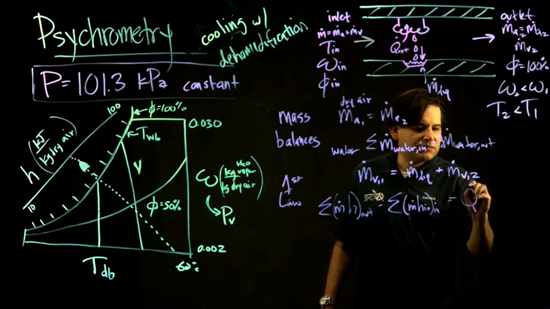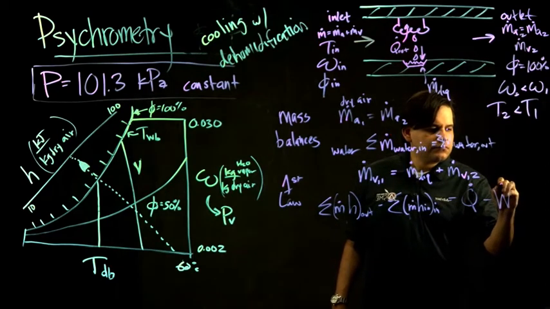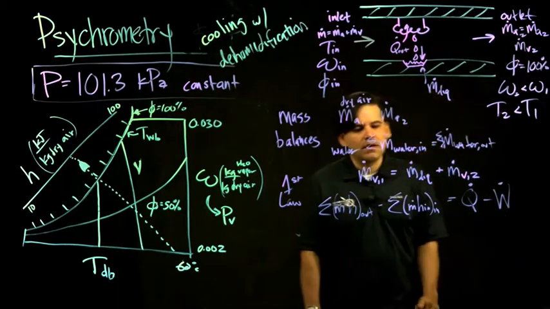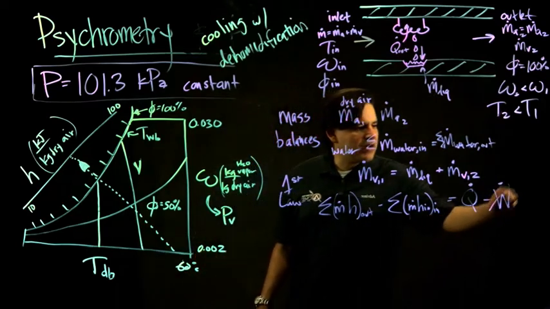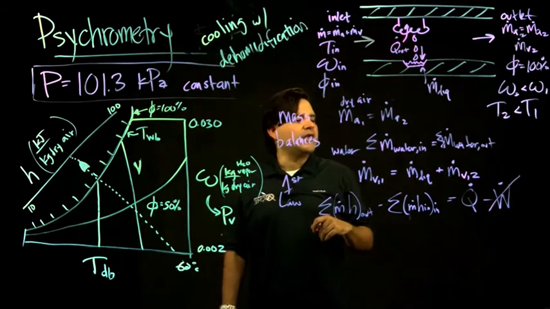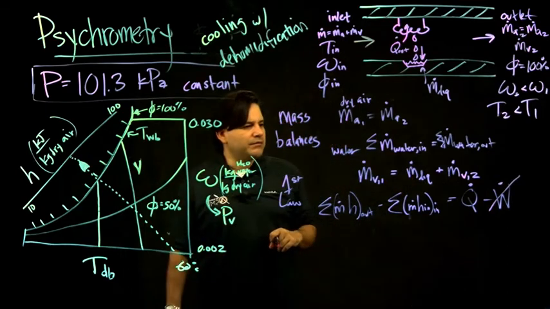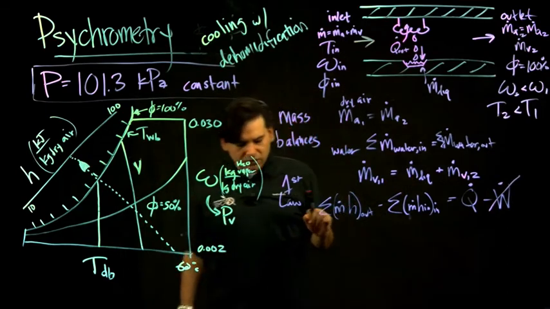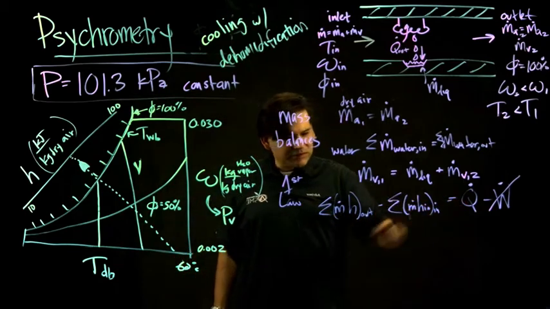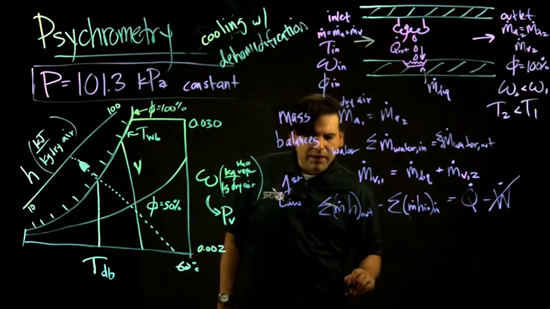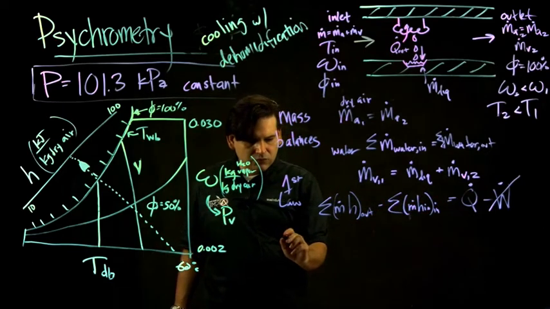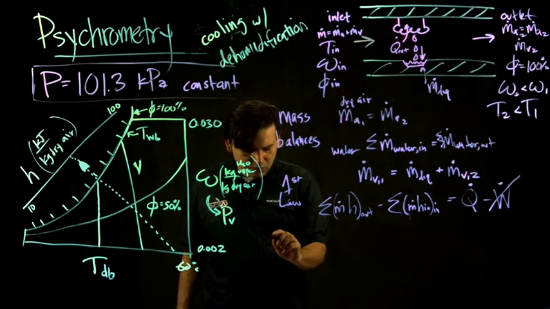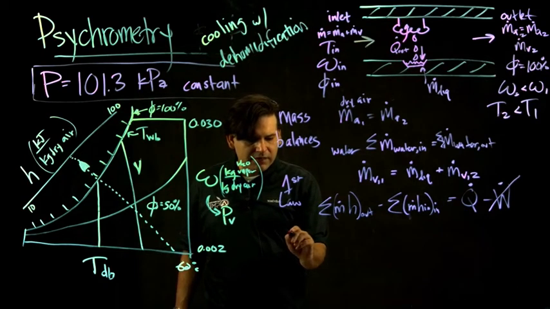That's balanced by some energy transfers. So that's your first law. In this case, there's no moving boundaries. We're not going to consider fans or anything that are in there, or any compression or moving of the walls. But there is some heat transfer, of course. And then expanding these terms out and switching this to Q out, we would get the first law balance.